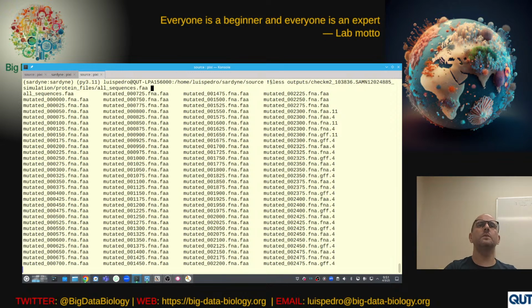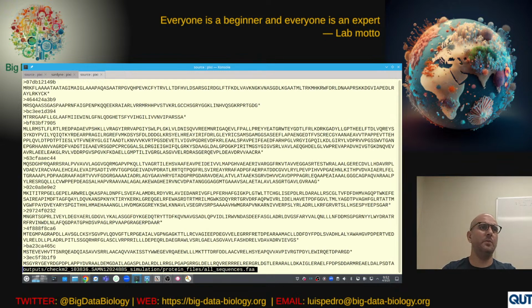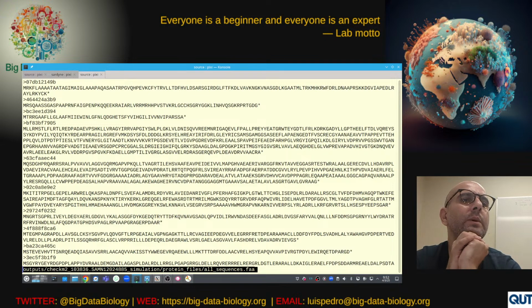Okay, so we get this. And then we would run this through a global mapper. That would be the next step. And then finally, we would be able to see.